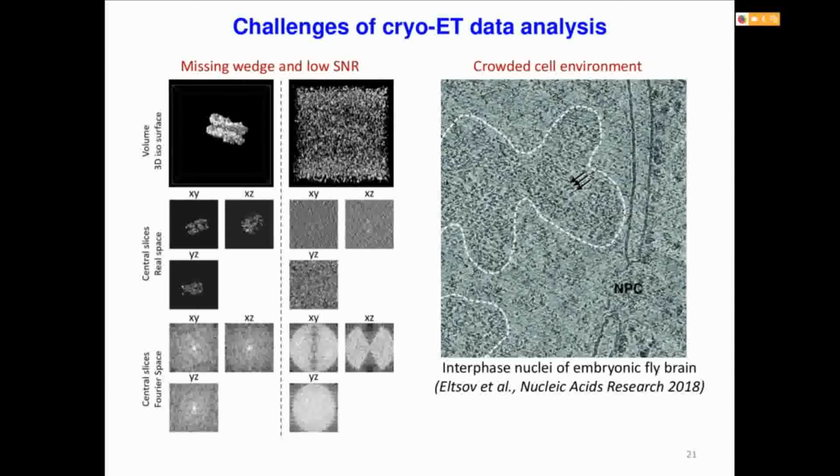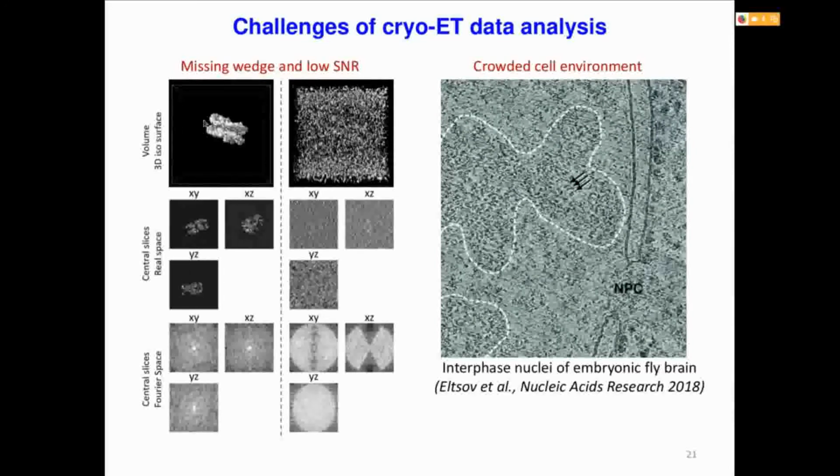So as I said, we have an extension of this method that works with subtomograms. In subtomogram analysis, you have additional problems, like a much lower signal-to-noise ratio in the 3D data than you normally have in single particle analysis.